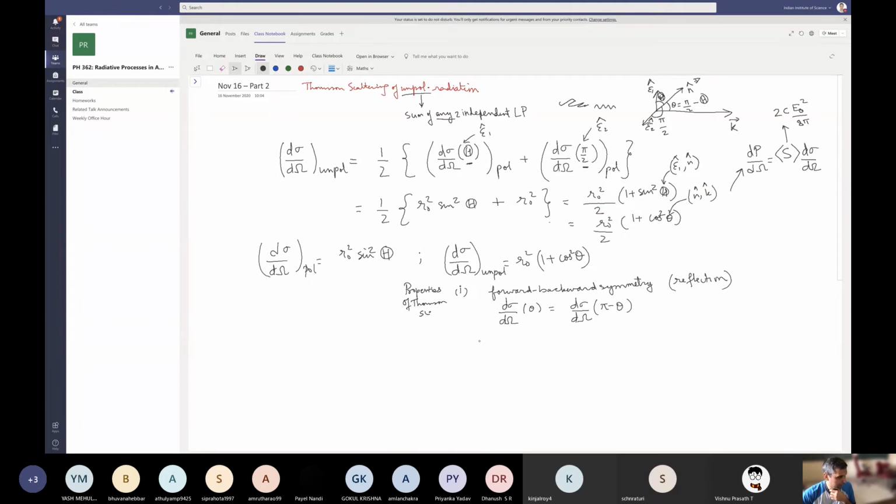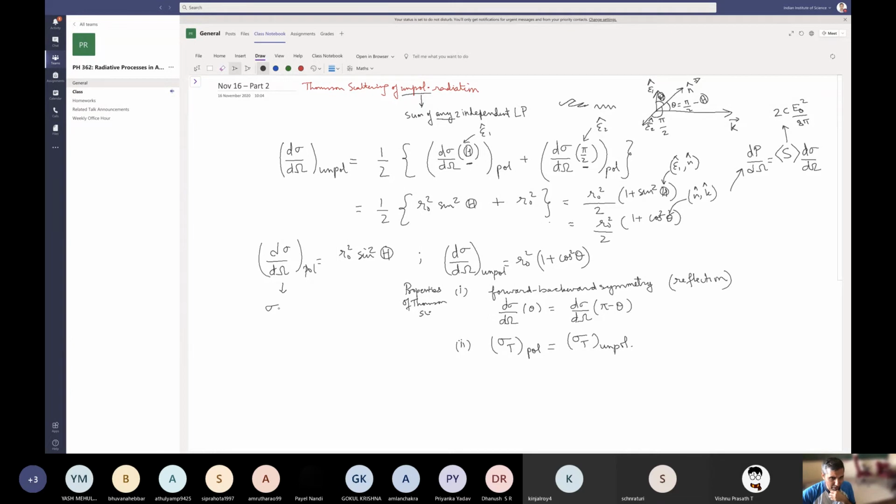Okay, good. The second property is that the total cross section is actually the same. σ_T for polarized is equal to σ_T for unpolarized. How do we see that? Let's do this one.